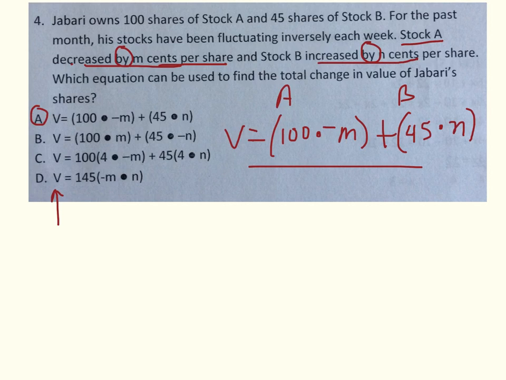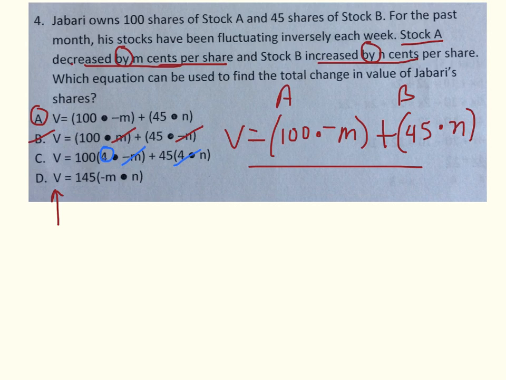Now, how is B not the answer? Well, B shows that the stock B is decreasing and stock A is increasing, and that is incorrect. If you notice in C, C shows that the decrease is being multiplied by 4. Well, there's no 4 in the problem.